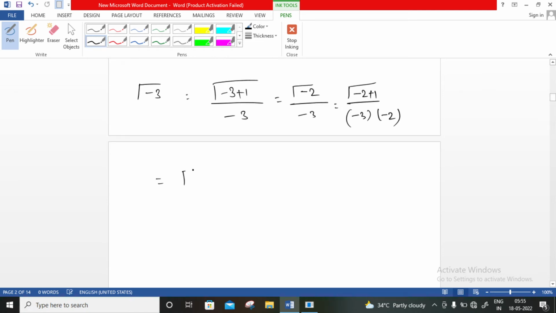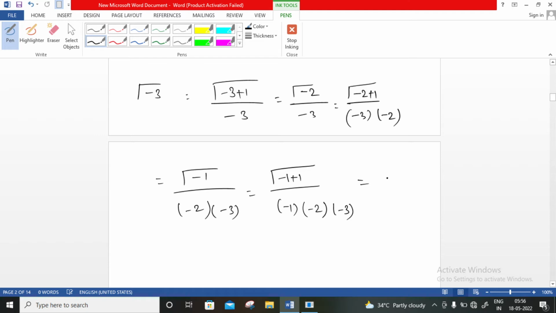Take the denominator as it is, minus 2 into minus 3. Now again you use the same property on gamma of minus 1. You write it as gamma of minus 1 plus 1 divided by minus 1, keeping the denominator as it is.